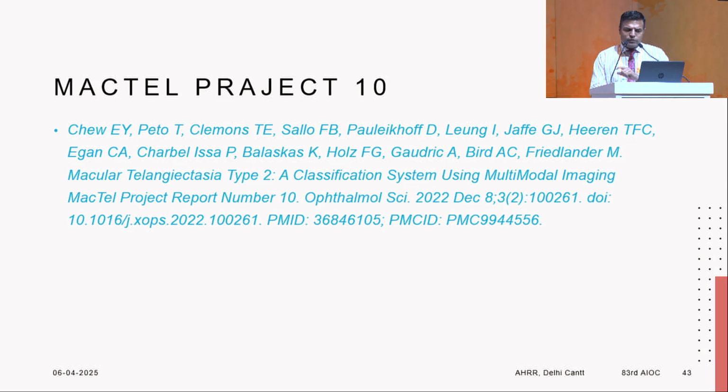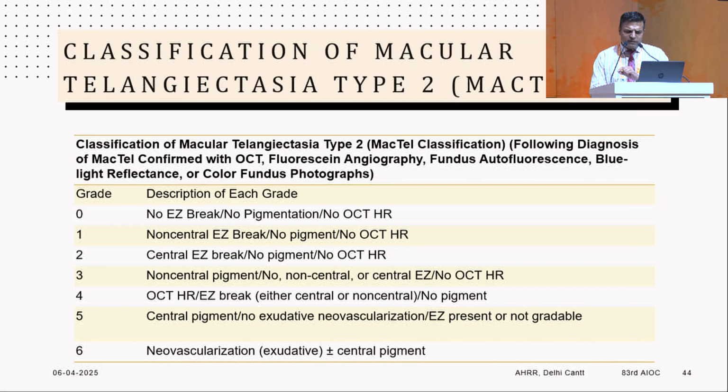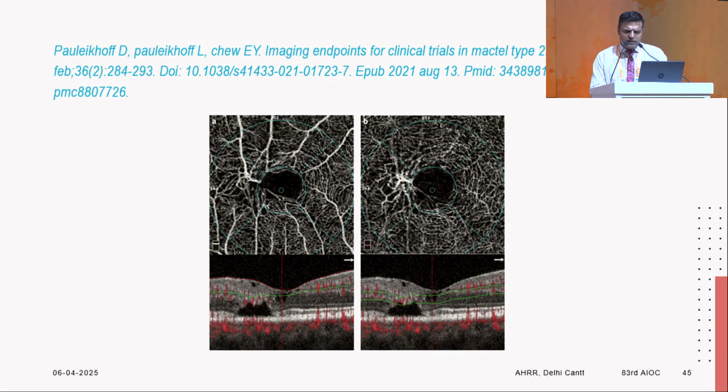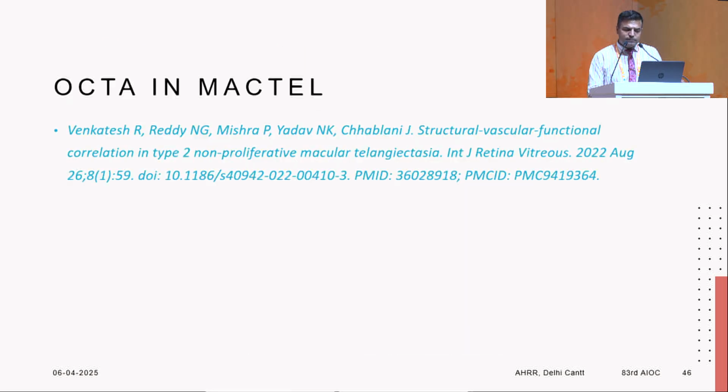But by 2022, there was introduction of OCTA into the classification system, and this was the recent classification system which has been upgraded, with an inclusion of OCTA characteristics, mainly firstly the splaying of vessels in the superficial capillary plexus area, the presence of flow void areas in the deep capillary plexus, and the presence of telangiectasias in the perifoveal region.